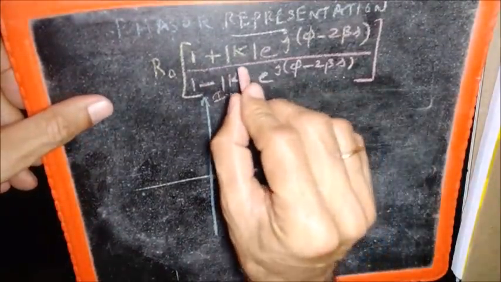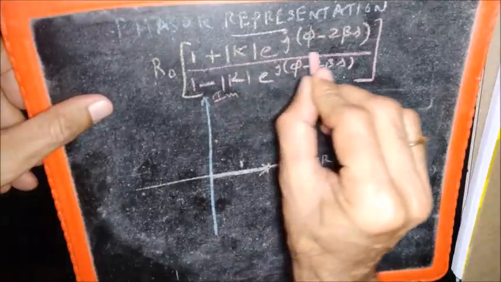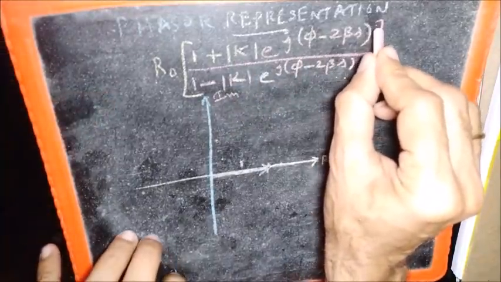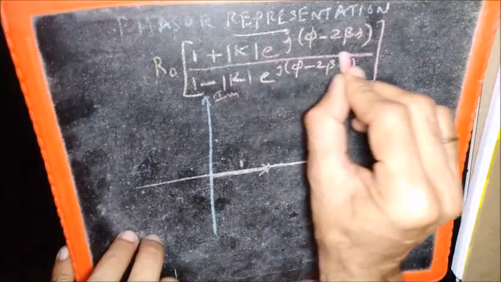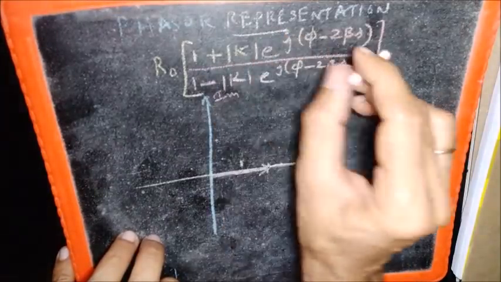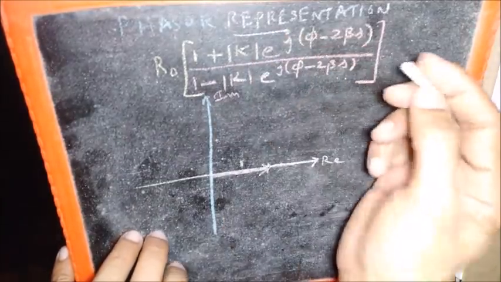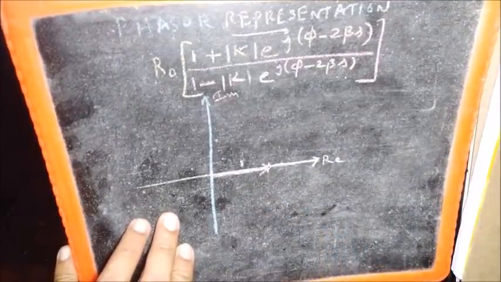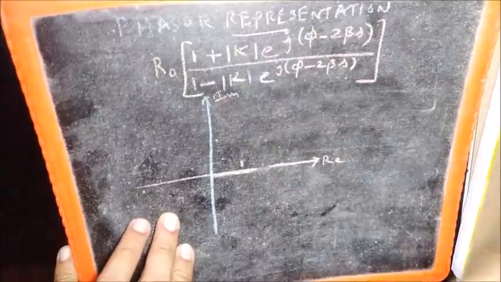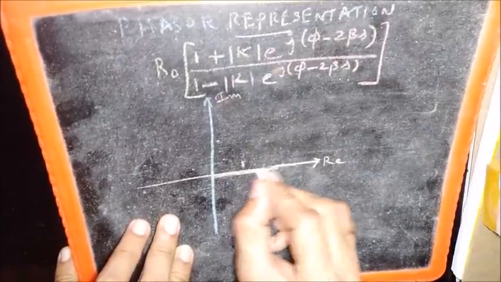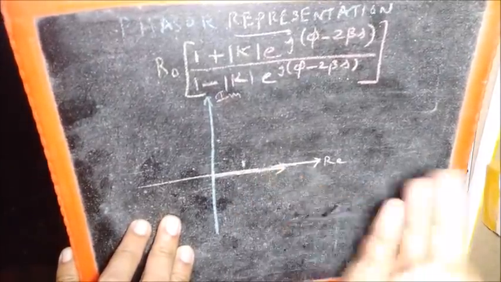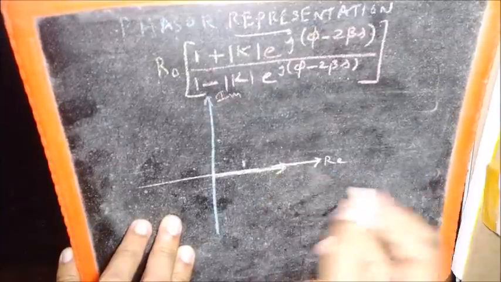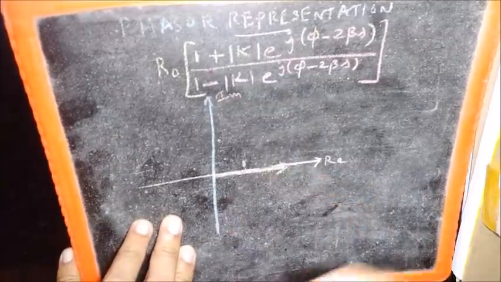Now we show this in the form of a phasor. So this can be represented as a phasor with magnitude k and angle phi minus 2 beta s. Again, I'll slightly increase the length for convenience, otherwise there may be cramming. So this is our 1.